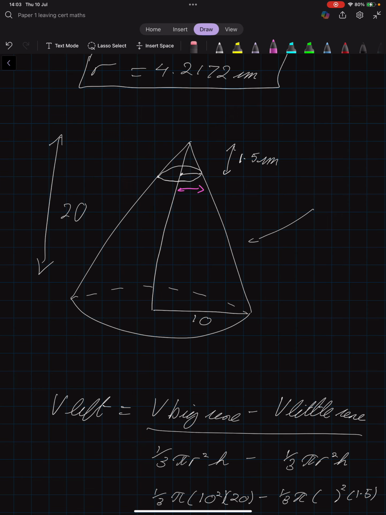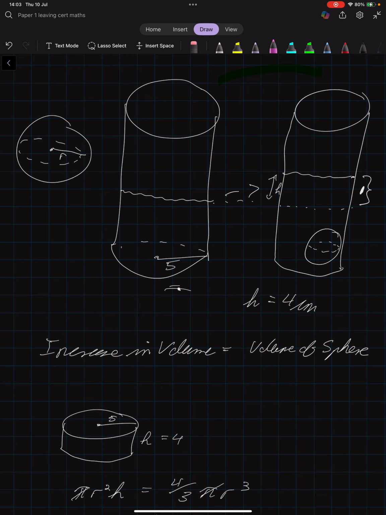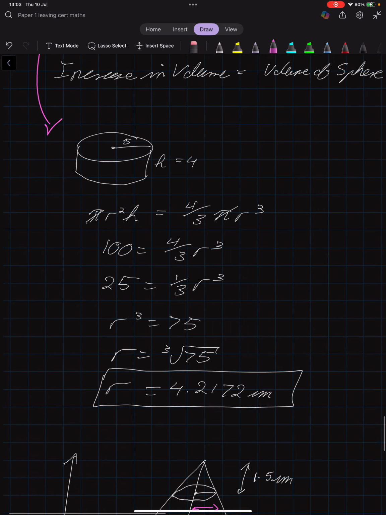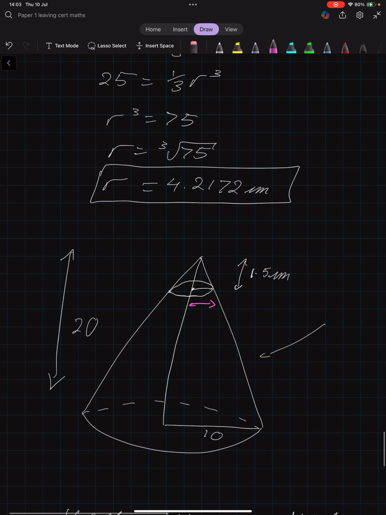Now, this is a very important concept. In the same way that up here, the shape of the cylinder stayed the same from there to there, the only difference is that the height changed. The same thing is true here. The shape of the cone stays the same. Okay? So in the big cone, the height is 20 and the radius is 10. That means that the radius is half the height.